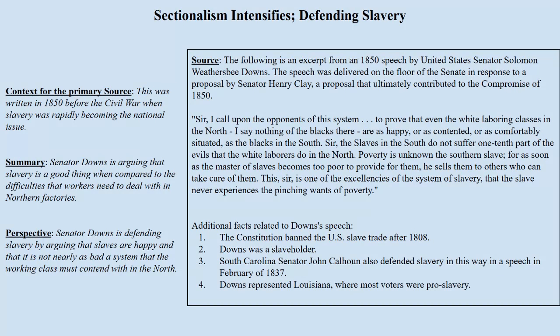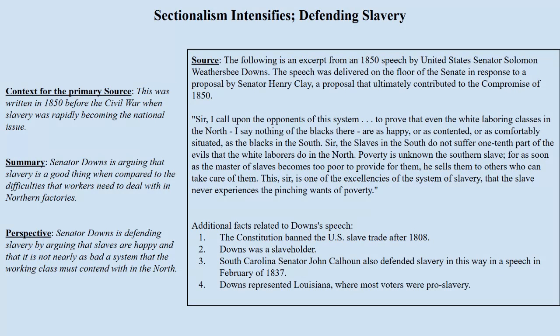If we take a look at the bottom, we look at the additional facts. All right, the Constitution banned the slave trade after 1808. Downs is a slaveholder, which makes sense because here's a guy who's advocating for slavery. He says the system of slavery is pretty good, and it's better to be a slave down south than a free person working in a factory up north, which is, again, pretty messed up. But it makes sense because he himself was a slaveholder, and you look at number 4 down there, Downs represented Louisiana, where most voters were pro-slavery.